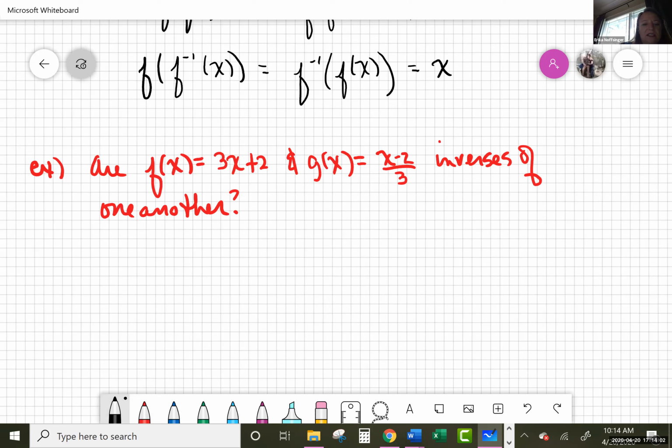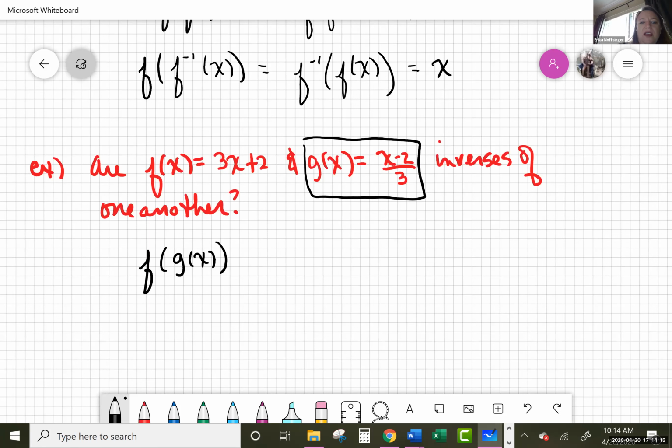And so let's look at f of g of x. So that's telling me I'm taking my g of x function, and wherever I see an x in f of x, I'm going to replace it. So this is equal to, I have 3 times, I see an x there, I'm going to put parentheses. I'm going to leave enough room to replace that with x minus 2 over 3.